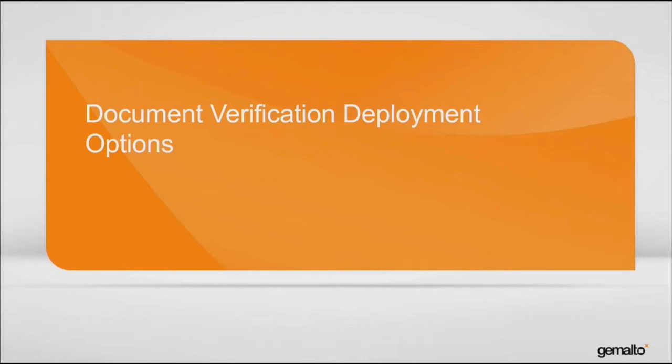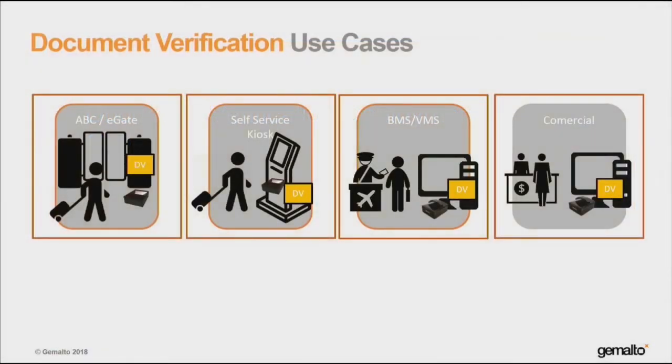And now I'll move on to some of the deployment options for document verification. There's a wide variety of use cases, from automated gates and self-service kiosks, as we see organizations moving more towards using unmanned areas, where tying that crossing to a passport or credential becomes very important.